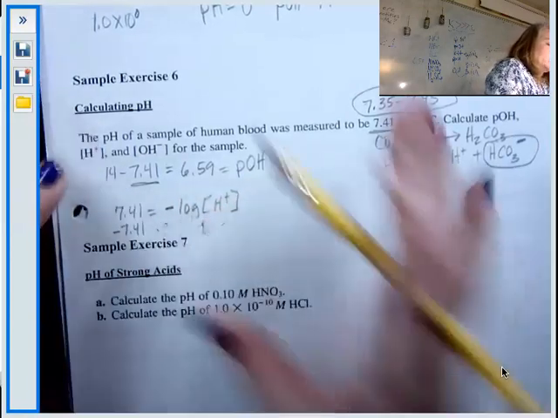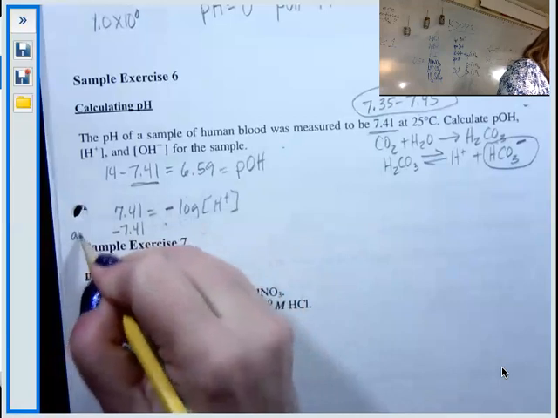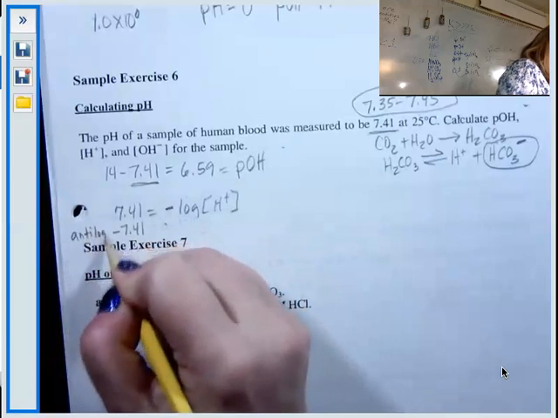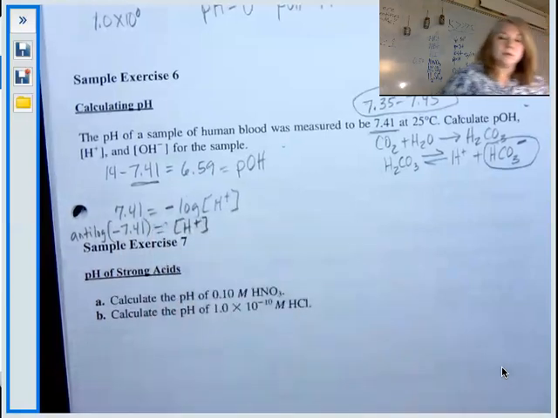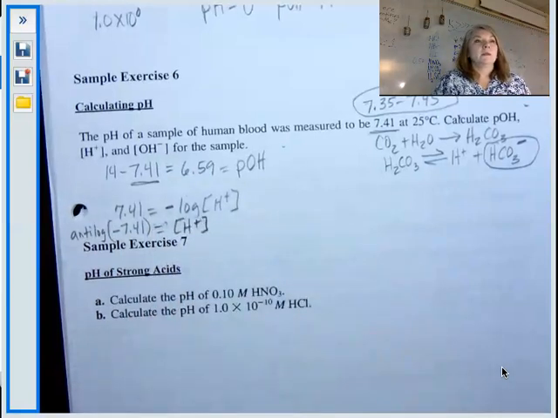I'm just going to rearrange. So we take the anti-log of a negative 7.41, and that would equal our hydrogen ion concentration. Okay? So second log, and then put your little negative in.